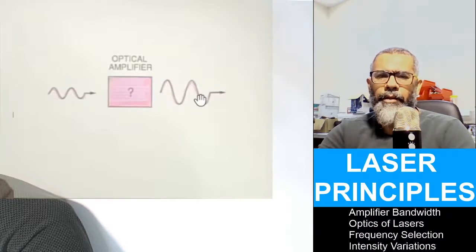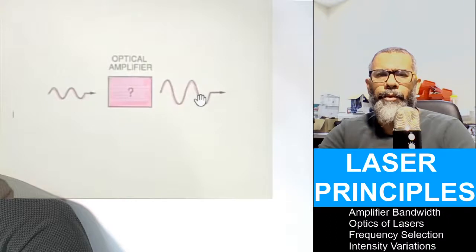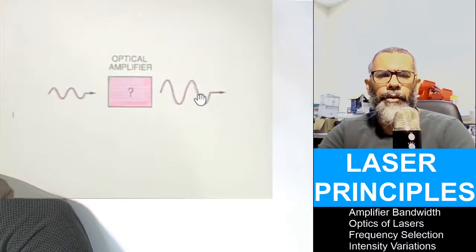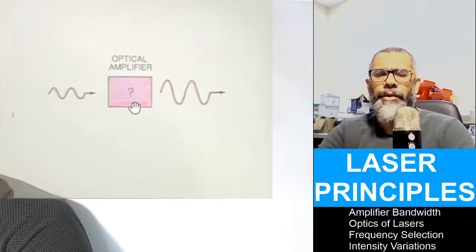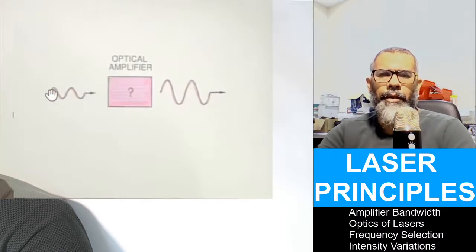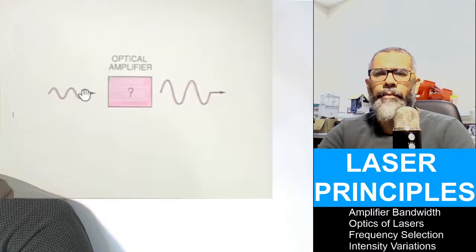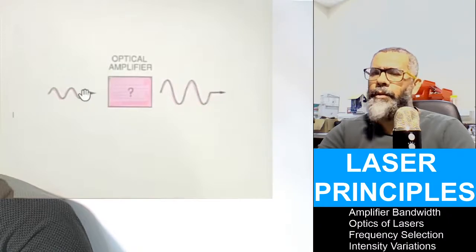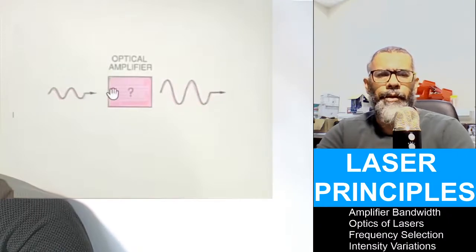Only the amplitude is changing. So this is linear optics. If some box or device does change the frequency or the wavelength, then it is a nonlinear optical device, but that is not our subject over here.